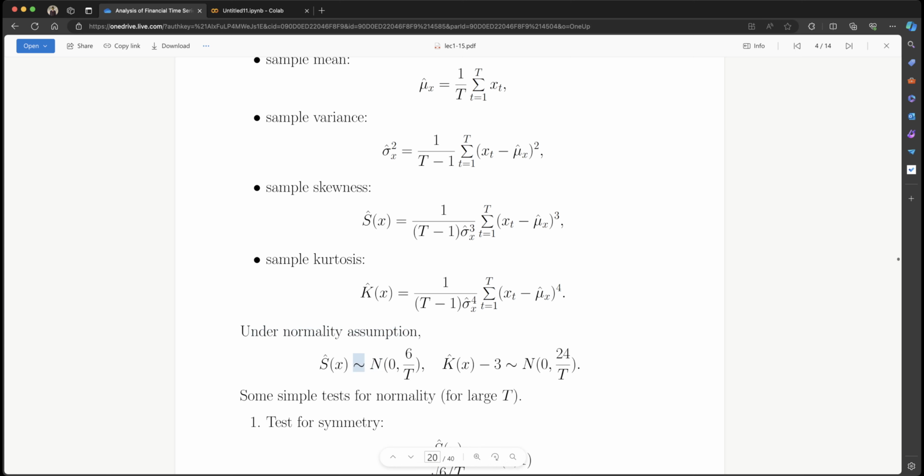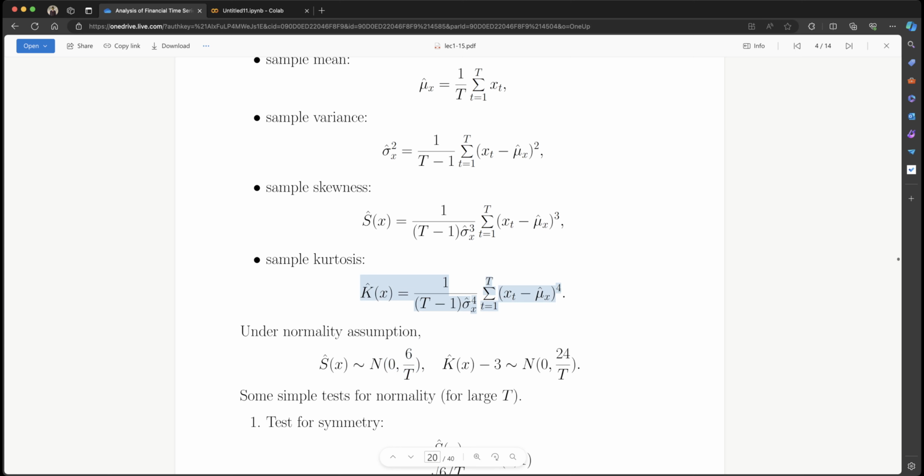This means that if we have a very large number of data drawn from a normal distribution and then calculate this, it becomes very similar to this distribution. Again, suppose we sample many data from a normal distribution, calculate the kurtosis and subtract 3.